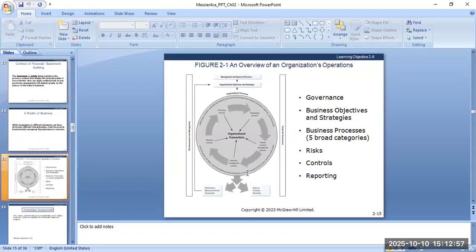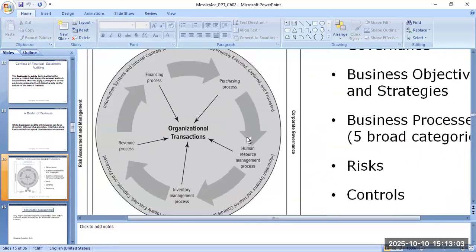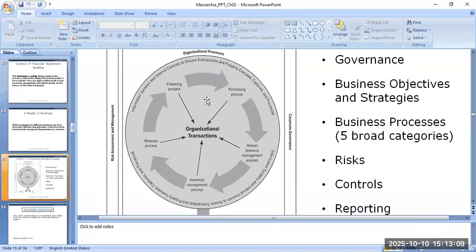Now this one is important in terms of the cycles that we have in the company. So as you can see here, the processes that happen in the company, the organizational transactions within the company, the first one is the revenue process.